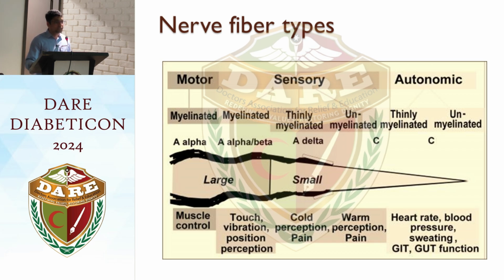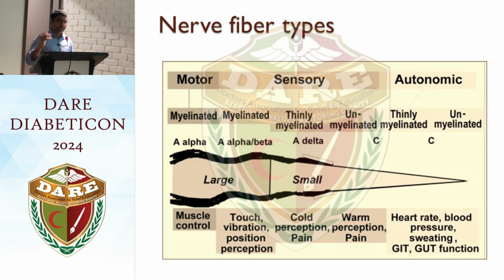So here you can see it carries significance. We can differentiate large fiber versus small fiber. If the neuropathy is affecting large fibers, you are going to see motor manifestations as well as posterior column manifestations like position sense and vibration abnormalities, and touch abnormalities.